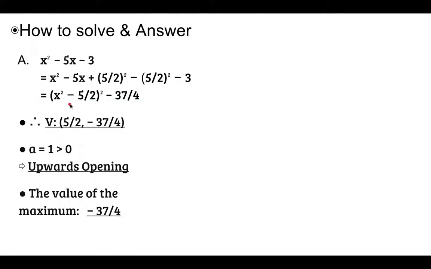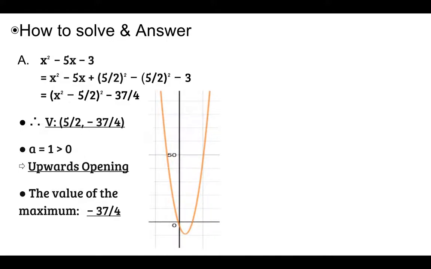According to this equation, we can get the vertex. So the vertex is 5 over 2 and negative 37 over 4. Look, there is a 1 here, so a equals 1, which is more than 0. So the graph will be upward opening. The value of the minimum is negative 37 over 4.